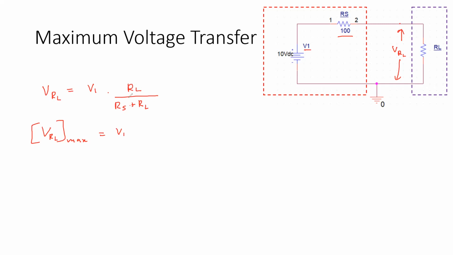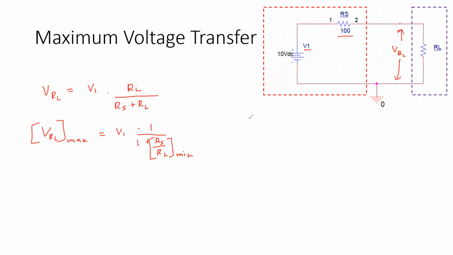So I will divide the numerator and denominator by RL, so that I get 1 divided by 1 plus RS divided by RL. If I want to maximize this, I need to minimize this section.